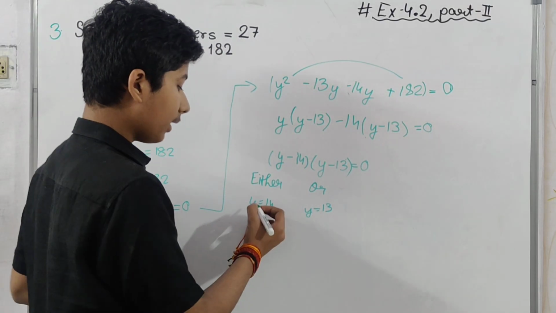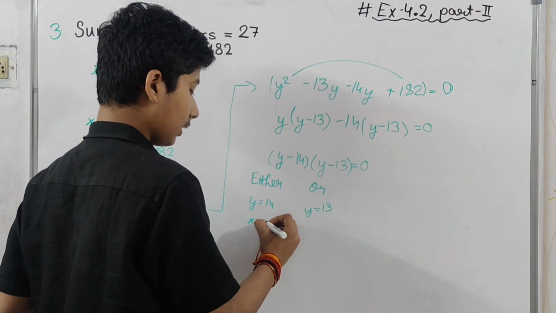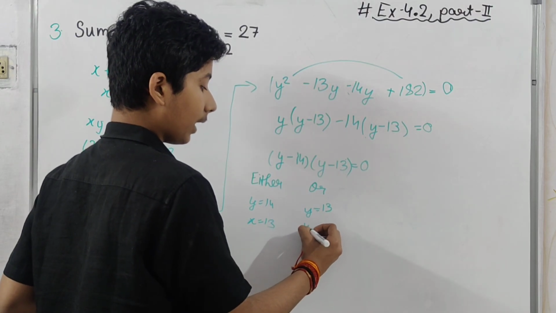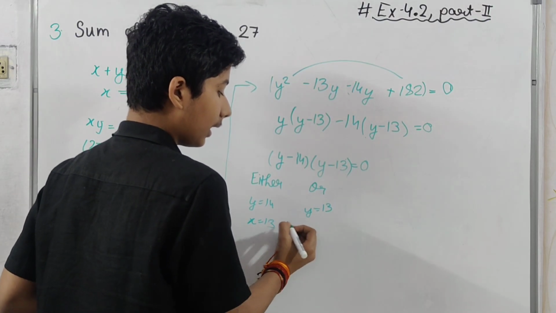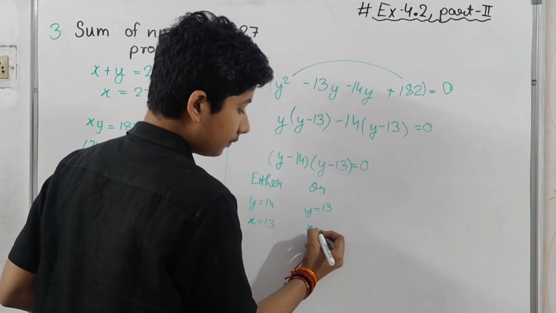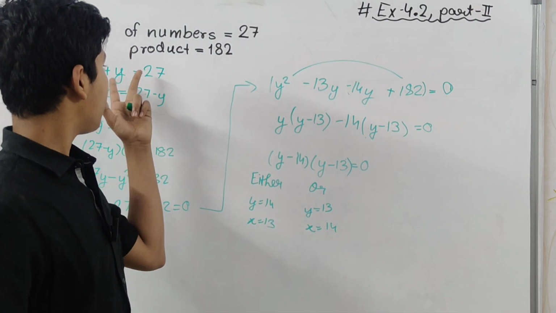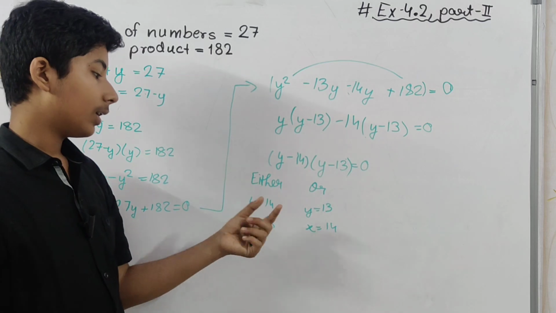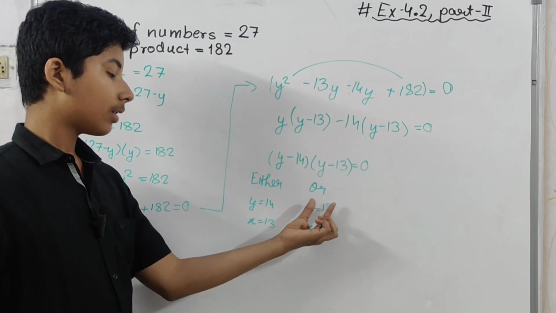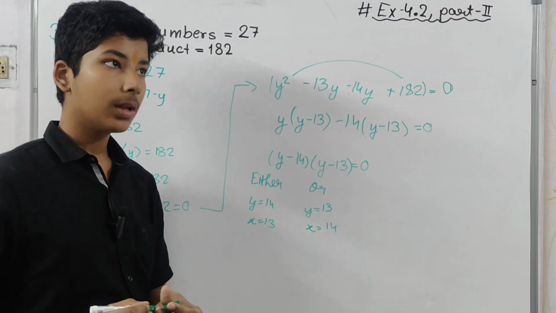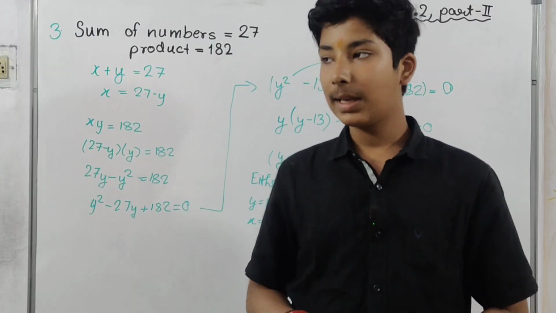So if y is 14, then x is 13, but if y is 13, then x is 14. How? Because the sum is given here, which is 27. So 14 plus 13 is 27 and 13 plus 14 is 27. I hope this is totally clear.